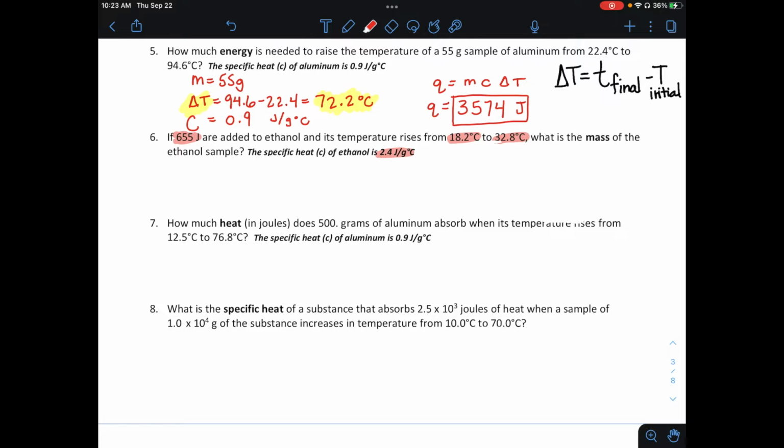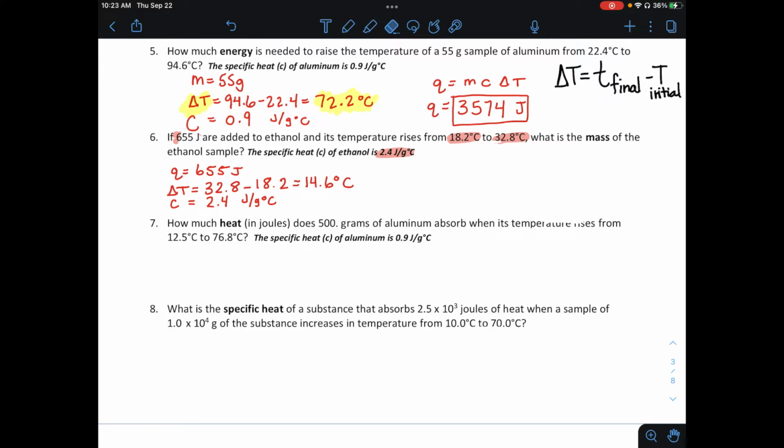As you can see by my highlighting, the first thing I like to do is figure out what's given to me in the problem. So I'll say, they gave me the Q, 655 grams. I also know that the temperature went from 18.2 to 32.8, so the change in temperature was 14.6 degrees Fahrenheit. Finally, they gave me the specific heat of ethanol. So I write those out.